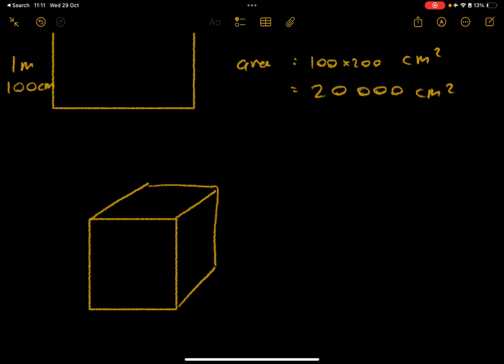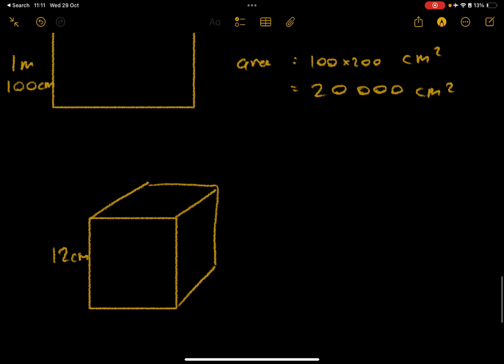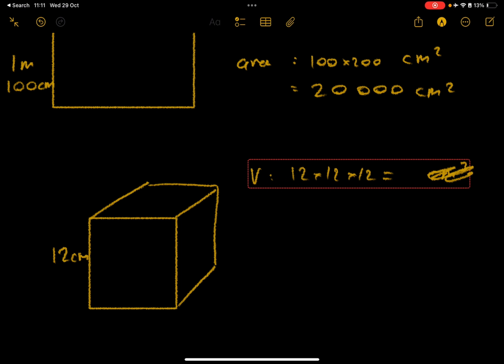So, that's not bad. Let's just imagine we've got a 12 centimeter cube. Okay? So, first of all, let's get its volume in cubic centimeters. So, cm cubed. We just do 12 times 12 times 12. Now, I'm going to be lazy on this and let my iPad do the math for me.